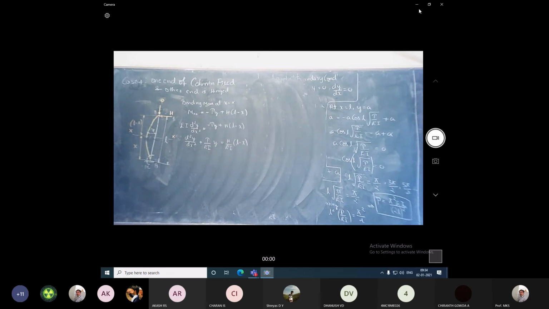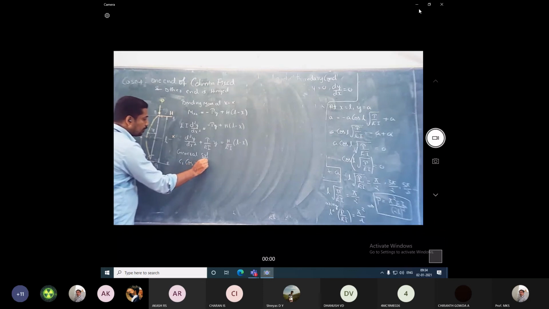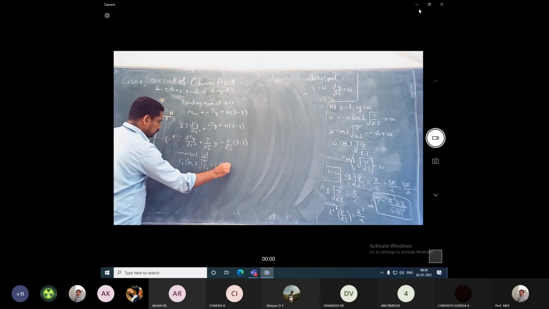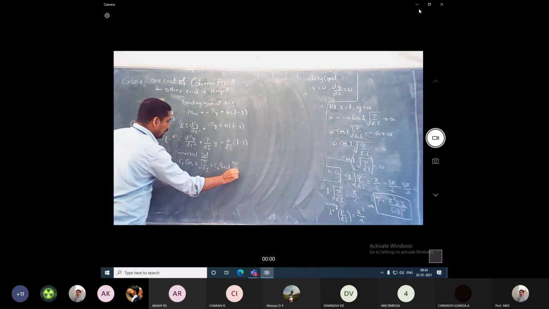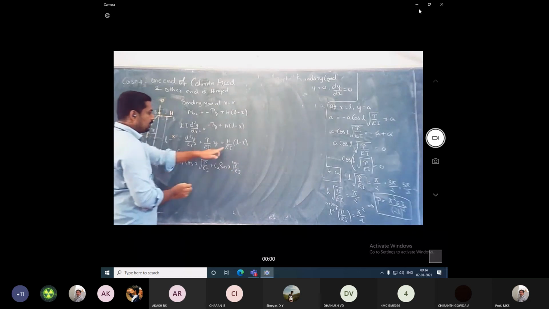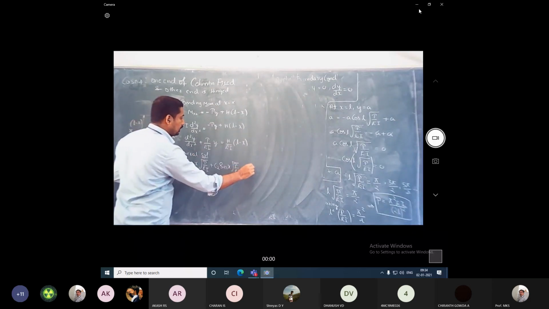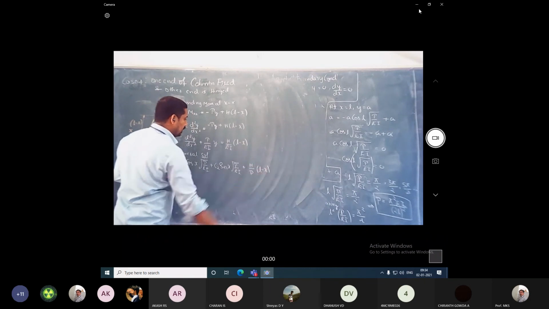So the general solution for the above expression, similar to the last three cases, is C1 cos x root of P by EI plus C2 sin x root of P by EI, plus the remaining constant term, H by P into L minus X. So EI gets cancelled, and P goes to the denominator.